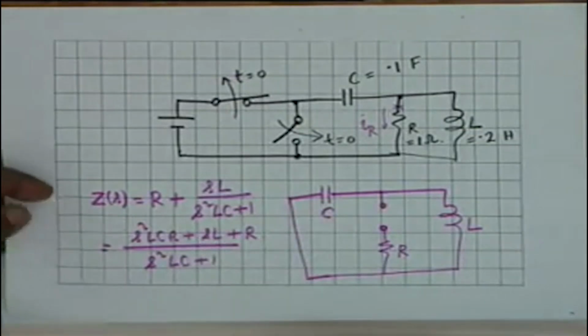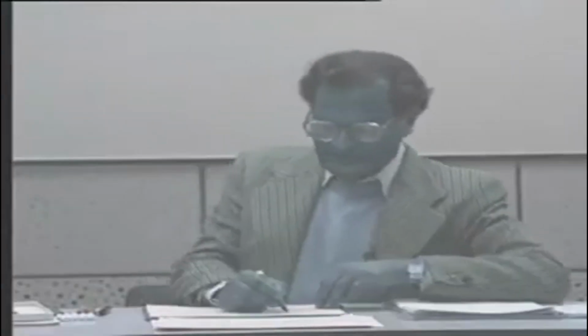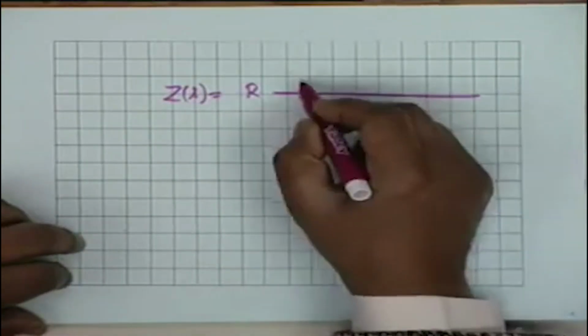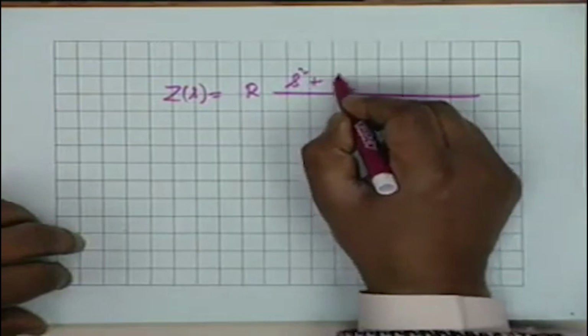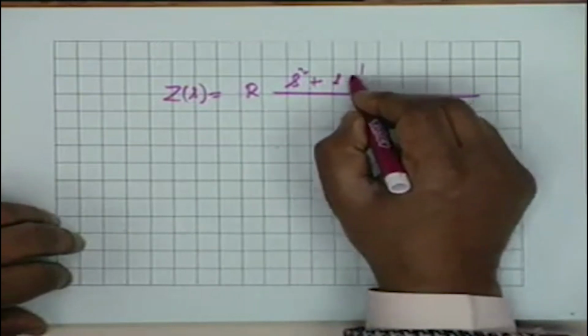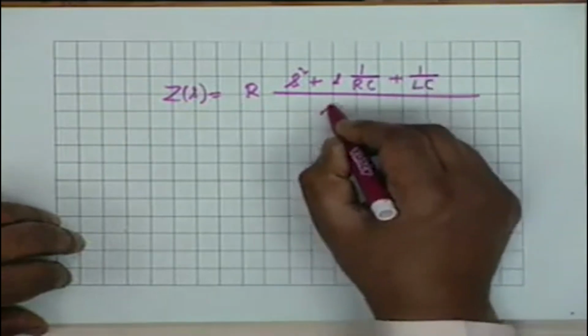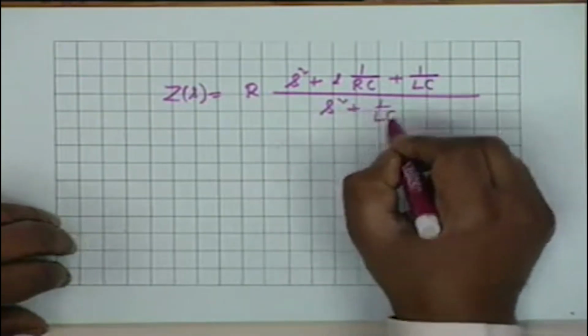I write it in the normalized form as Z of S equals R times (S squared plus S times 1 over RC plus 1 over LC) over (S squared plus 1 over LC).